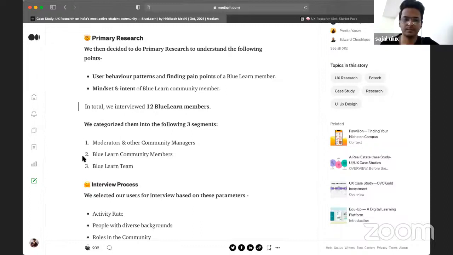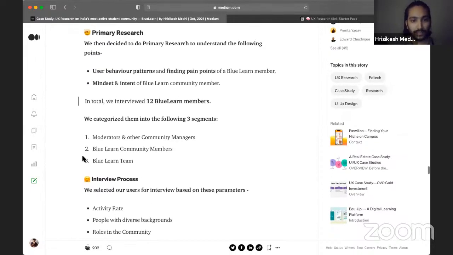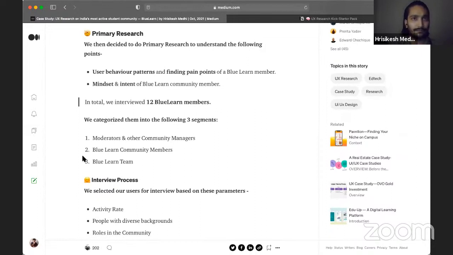Yeah, good. So we already spoke about the different types of research, right? But we'll deep dive into how we went on to do our primary research. Primary research is nothing but first-hand research to understand your users better. Why we did it: to understand user behavior patterns and to find a few pain points, if any, of any BlueLearn community member, and also to understand what their mindset is and what the intent was when they joined the server, right?